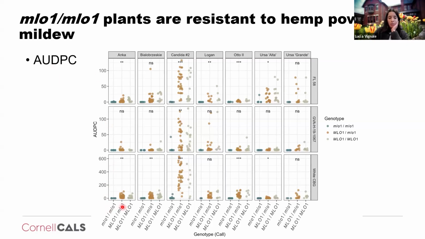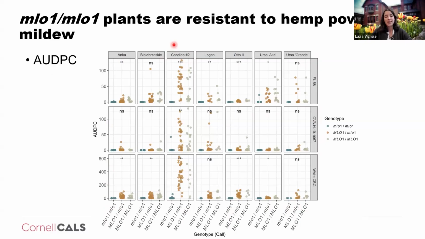We see the genotype of the plants on the x-axis, the 7 diverse parents on the upper part, and the 3 common parents or donor parents on the right side. And let's look at what happens in candidate number 2, which was from the diverse parents, the most susceptible one.